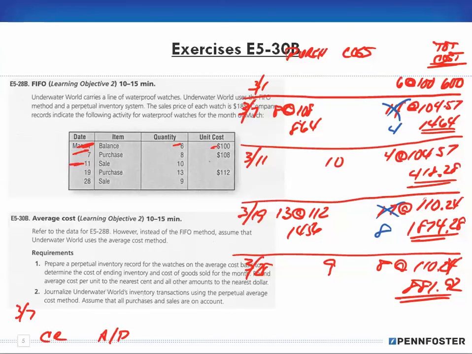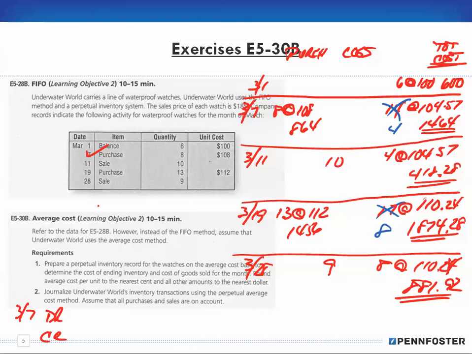I had 8 at 108, so that's 864, and I'm debiting my inventory for 864. That takes care of the purchase here. Pause the video, write that down, because I'm just going to erase and do the next one.